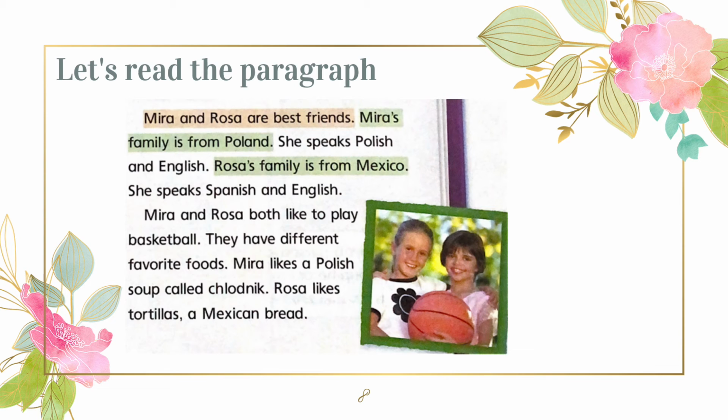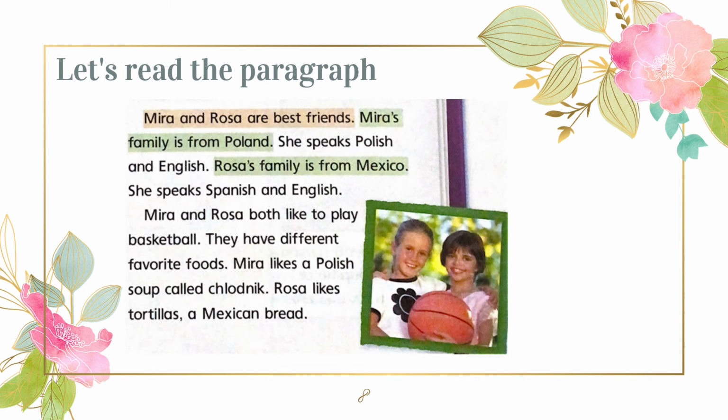Now from the read passage, is everything about the girls different, do you think? No, they have some similarities too. They both speak English and like some of the same things. Now Mira likes Klotnik and speaks Polish, whereas Rosa speaks Spanish and likes tortillas. They both like basketball and speak English.